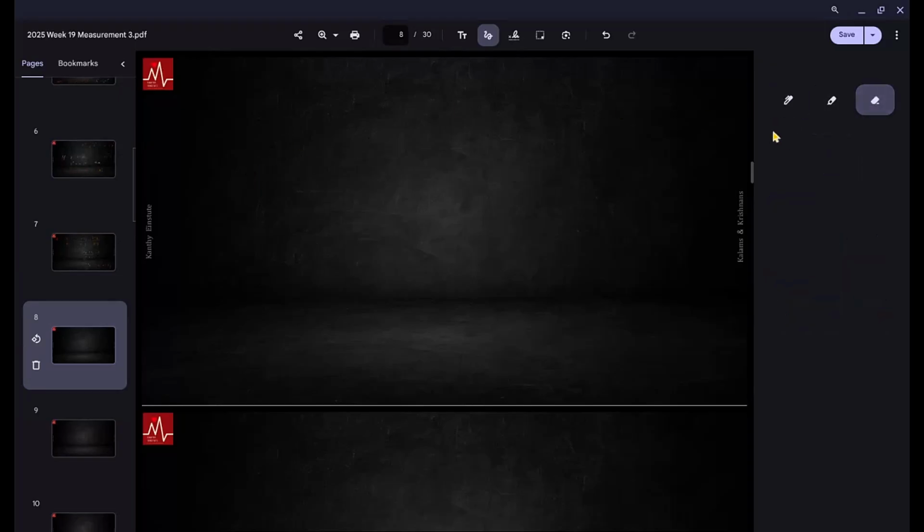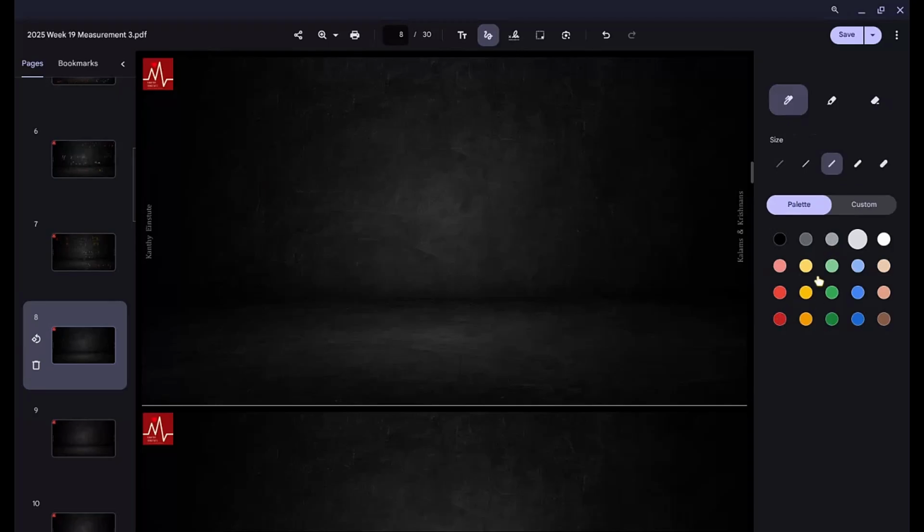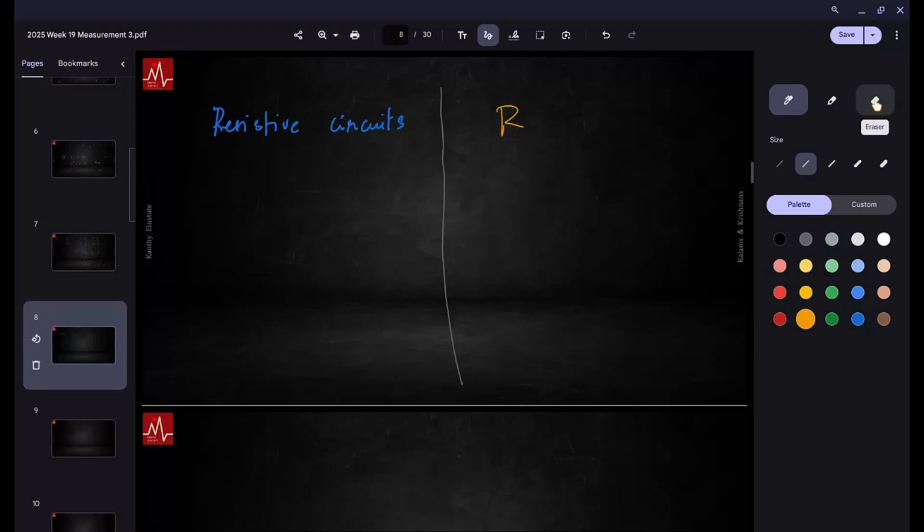Let's compare and contrast these circuits. You have resistive circuits. Now I am going to talk about RLC circuits.